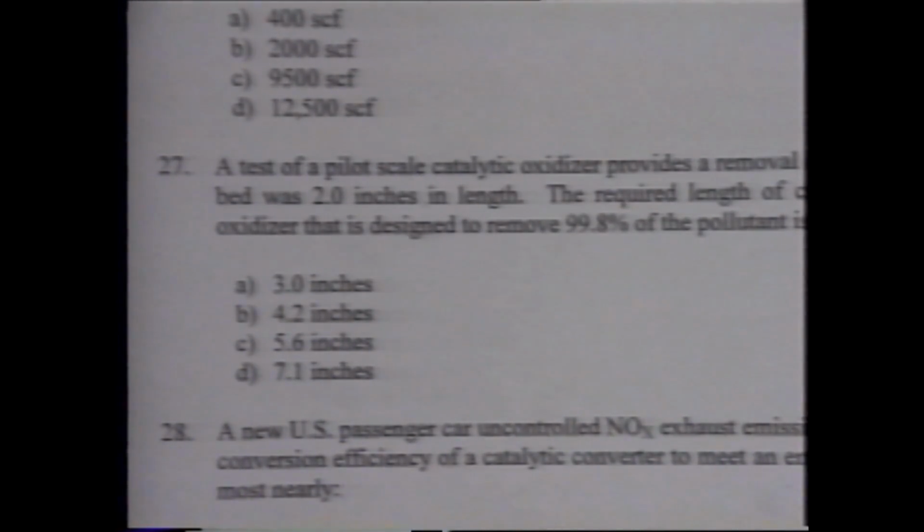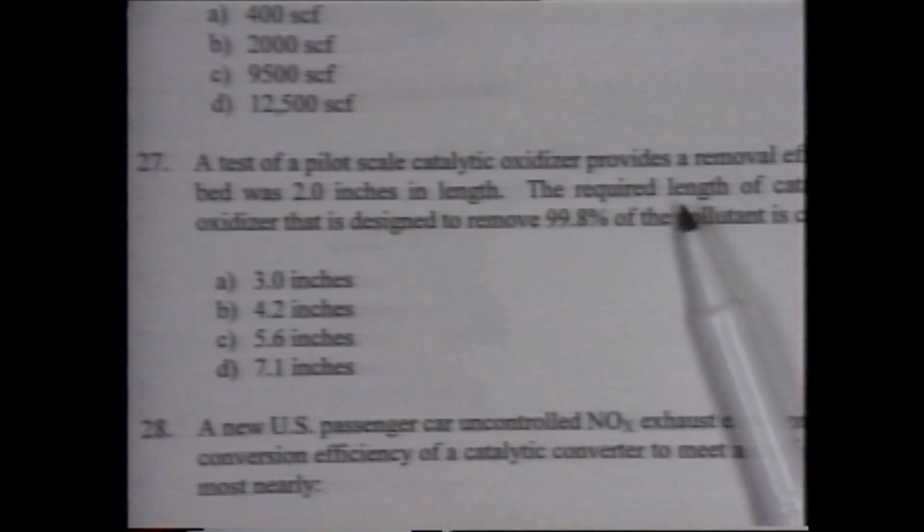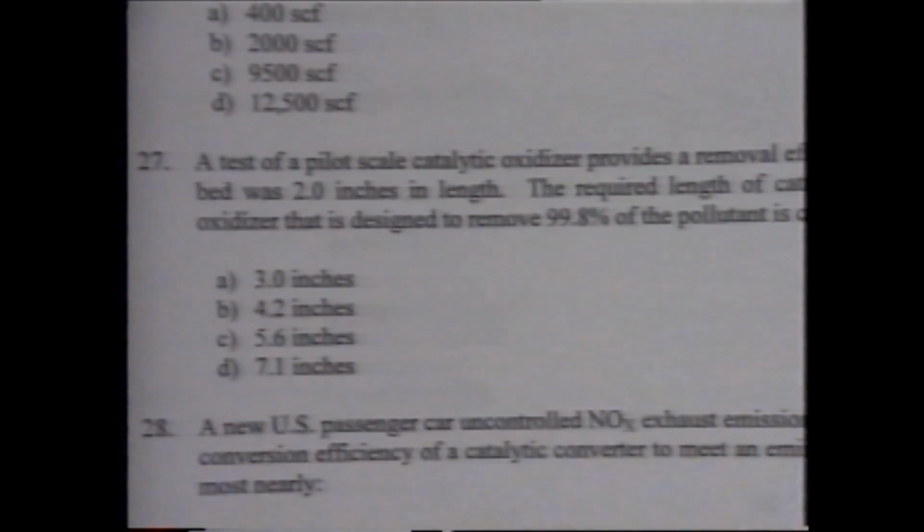But recognize in practice you may put in 5 or 6 inches of catalyst just to give yourself plenty of backup or conservatism in your design. But in an answer like this, the required length or the minimum length of catalyst would be 4.2. So that's something to remember.